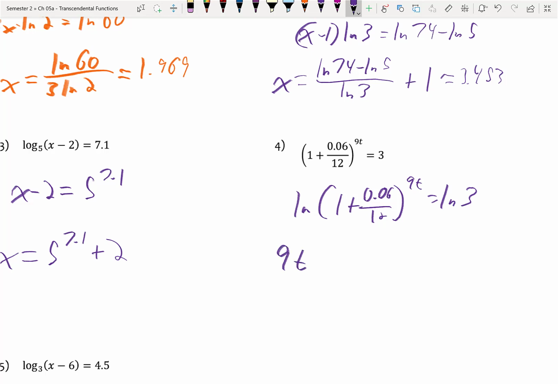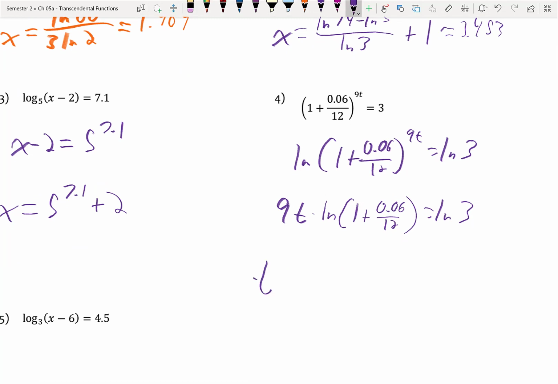Bring the exponent out to the front, so I have 9t times the ln of (1 plus 0.06 over 12) equals the ln of 3. And I get t is equal to the ln of 3 over 9 times the natural log of (1 plus 0.06 over 12).